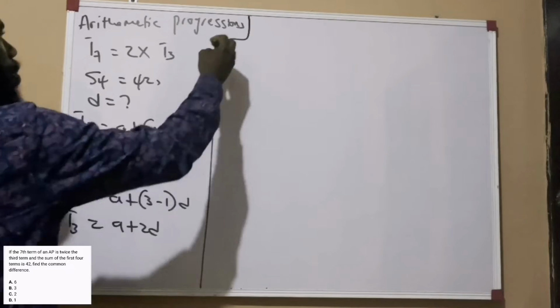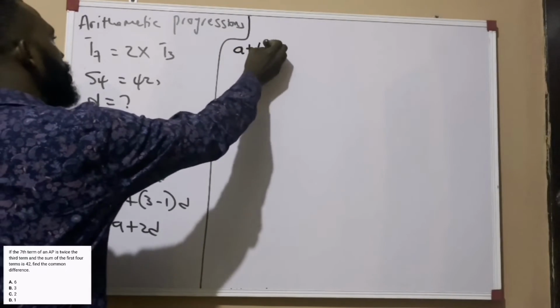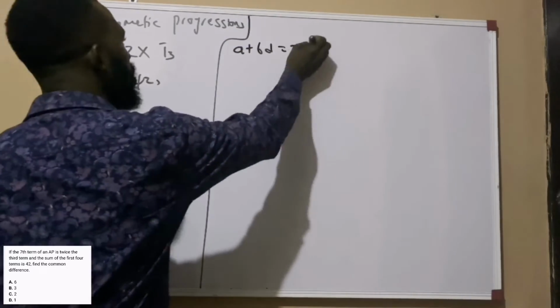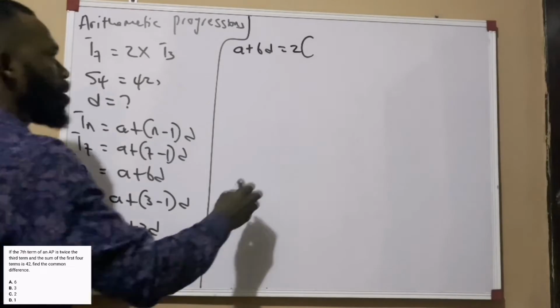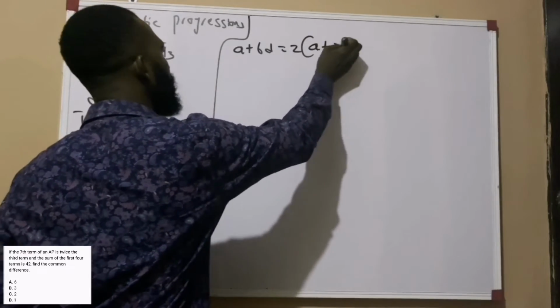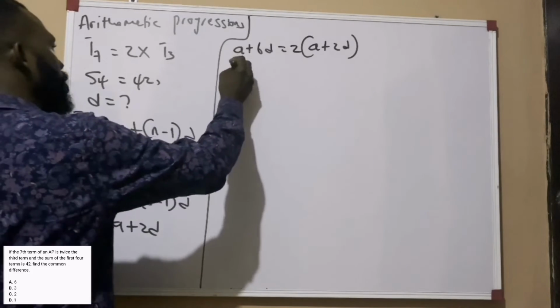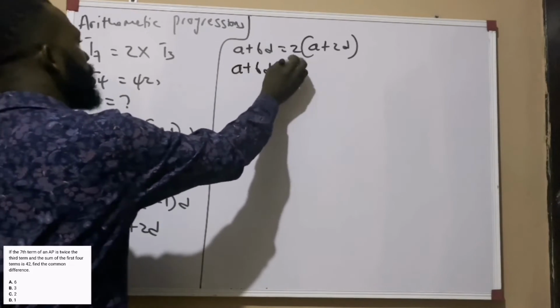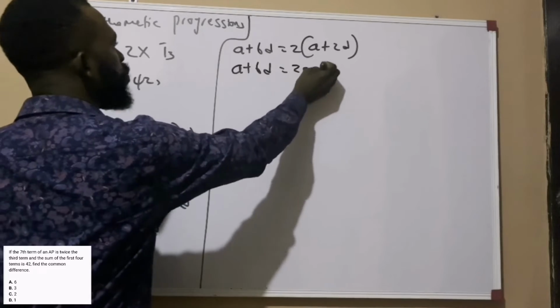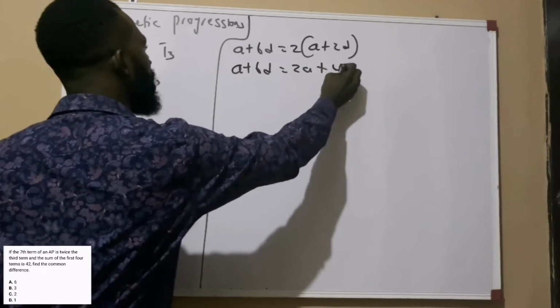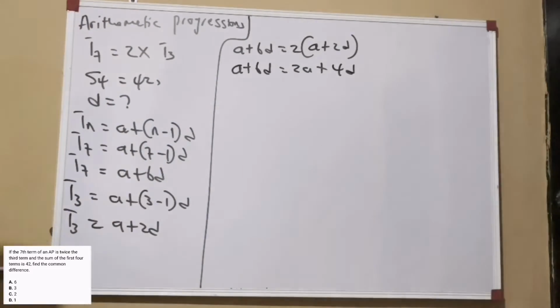Now T7 becomes a plus 6d is equal to 2 into the bracket of T3, which is a plus 2d. Okay, now let's open the bracket. Here a plus 6d is equal to 2 times a gives us 2a, and 2 times 2d gives us 4d. Now don't forget we are told to look for the common difference.